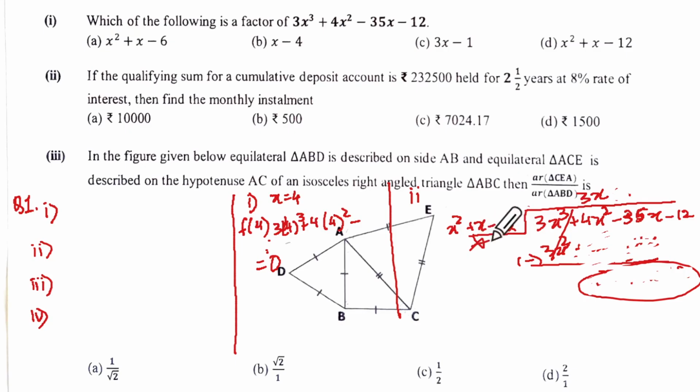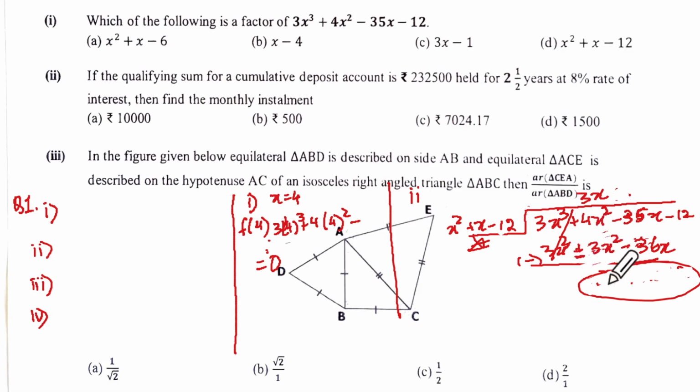If I take this one now, 3x cube plus 3x squared minus 36x. This will get cancelled.